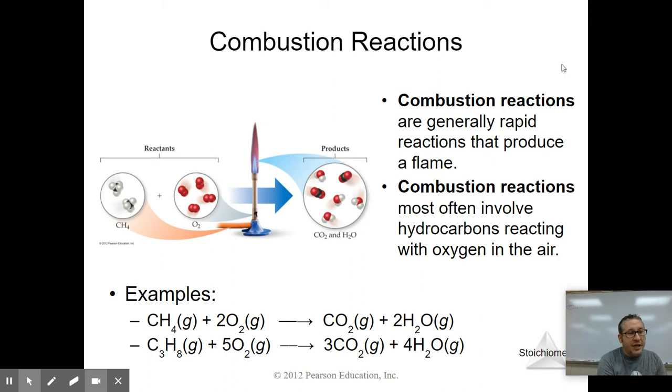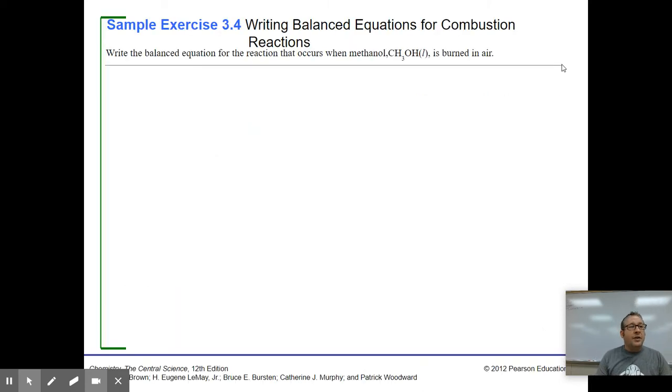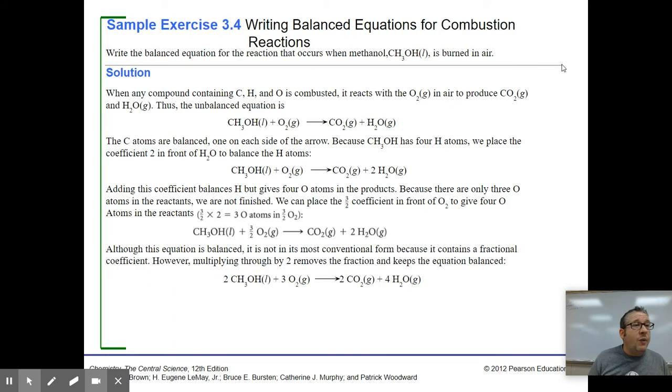So you see here the examples, we have various types of hydrocarbons. We have CH4, C3H8, both reacting with O2, both producing CO2 and H2O. So again, if we were to write a balanced equation for a reaction that occurs with methanol, which has a formula of CH3OH burned in air, knowing that it's a combustion reaction, you'll get the products of CO2 and H2O.